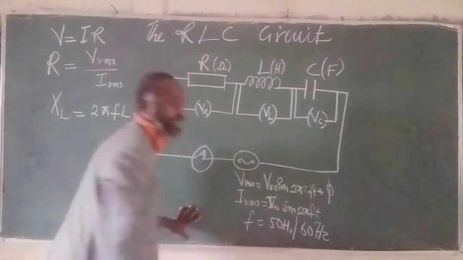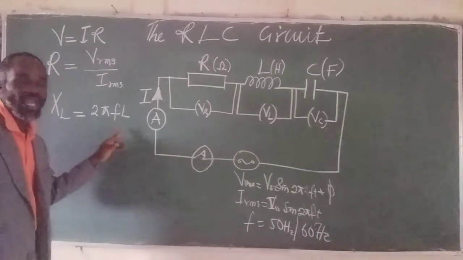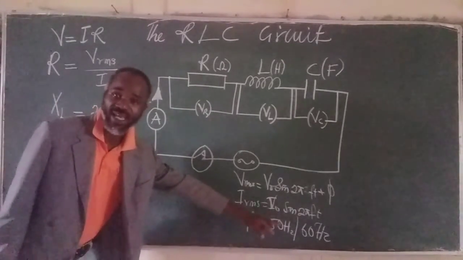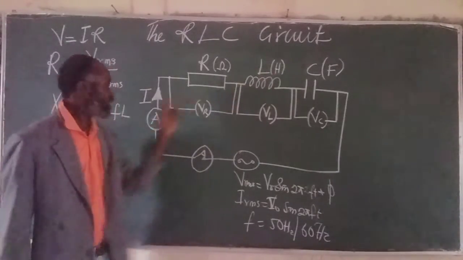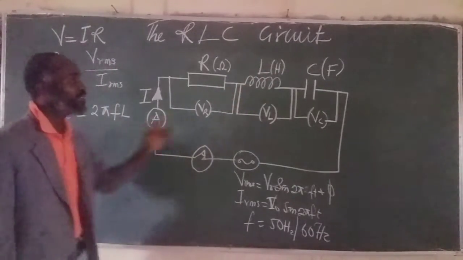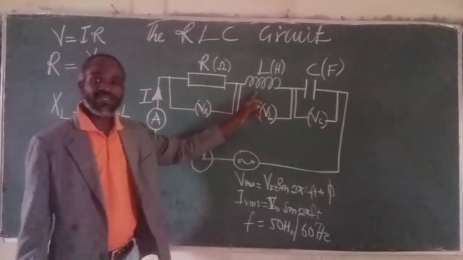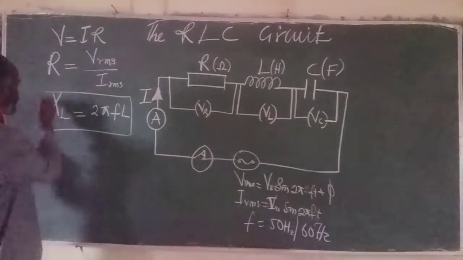So we take care of that. By the time we know the value of the frequency, which is either 50 Hz or 60 Hz, and then substitute the value of the inductor L, we now find the inductive reactance of the inductor given as this. So with this, we get that.